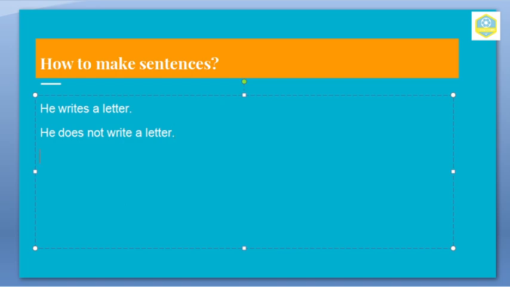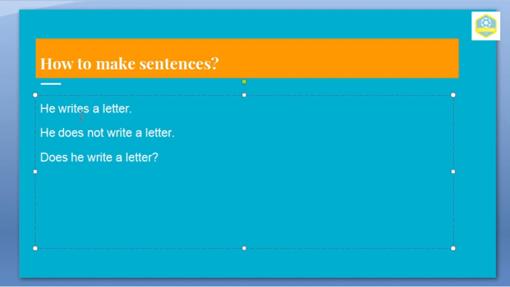If there's I, we, you, plural, we're going to use do not. I do not write a letter. Does he write a letter? This is a question.